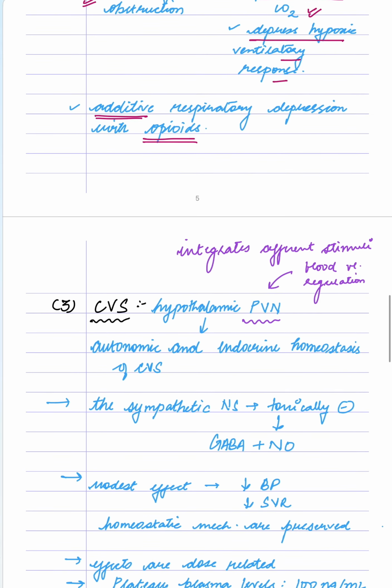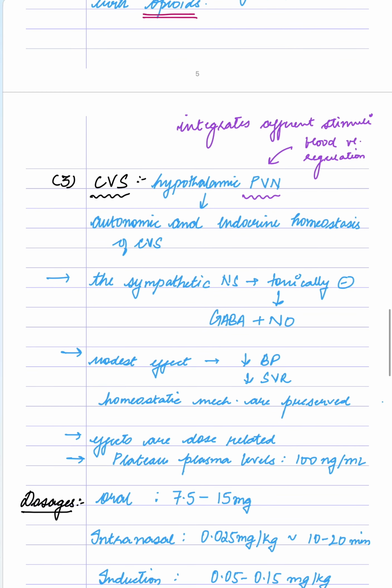Now coming to the CVS. For the CVS, the hypothalamic paraventricular nucleus is very important. It is a center for the autonomic and endocrine homeostasis of the CVS. This paraventricular nucleus integrates the efferent stimuli for the blood volume regulation. Normally in the body, the sympathetic tone is tonically inhibited, which is mediated by GABA and nitric oxide.